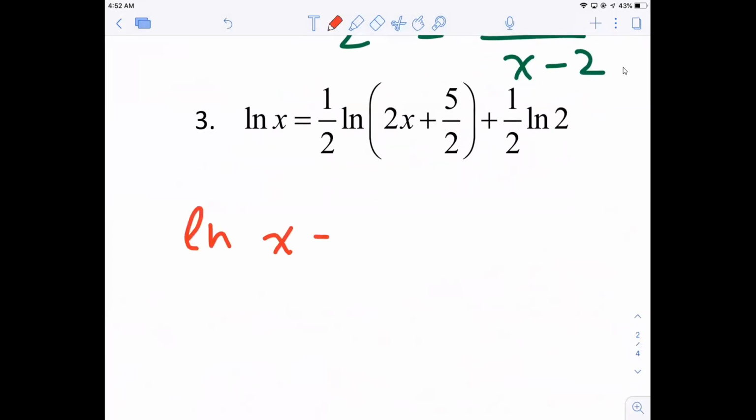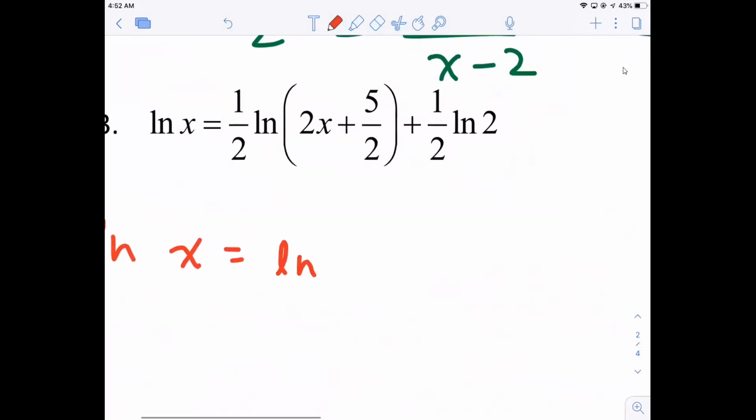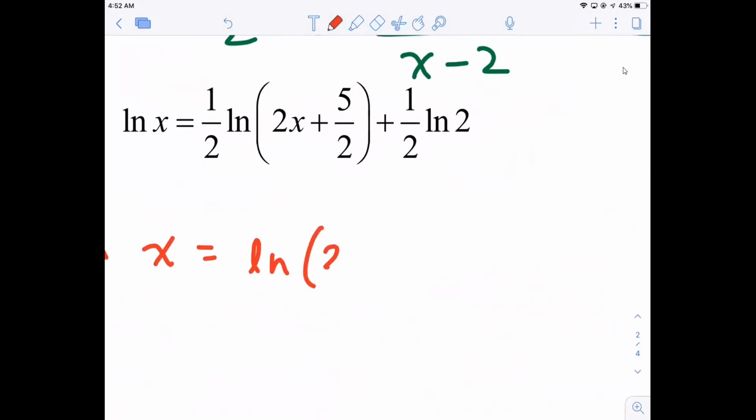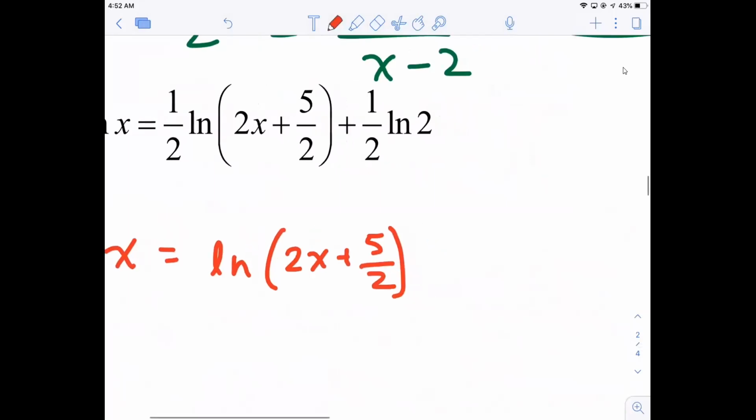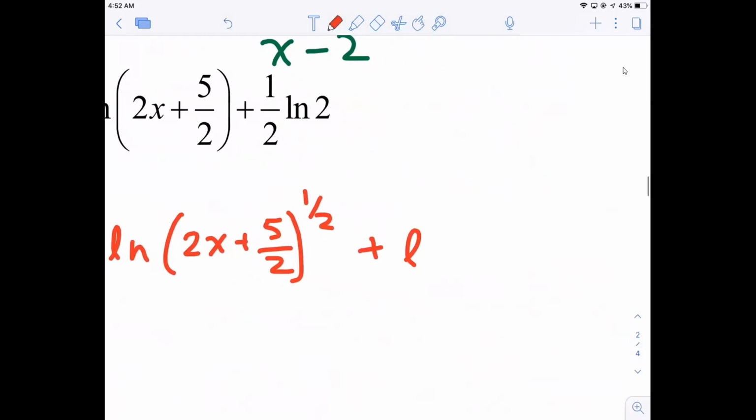Using one of our rules, anything we're multiplying a log by, that's the same thing as raising the argument to that power. So this is natural log of 2x plus 5 over 2 to the 1/2 power plus the natural log of 2 to the 1/2 power.